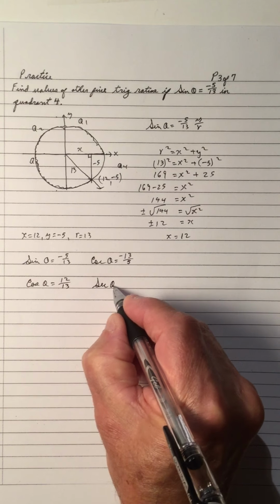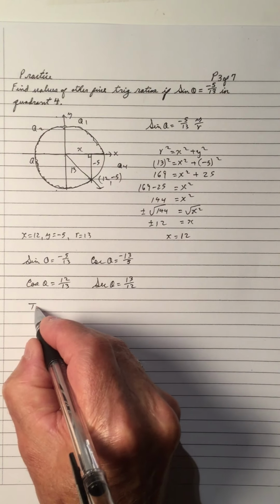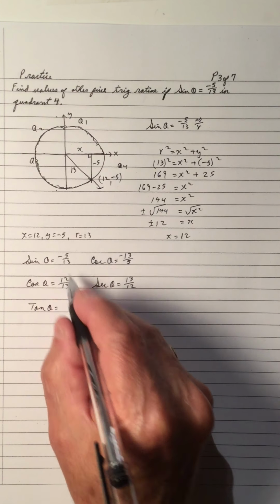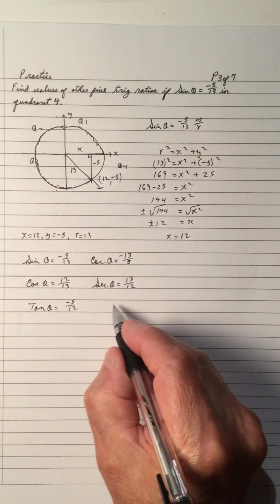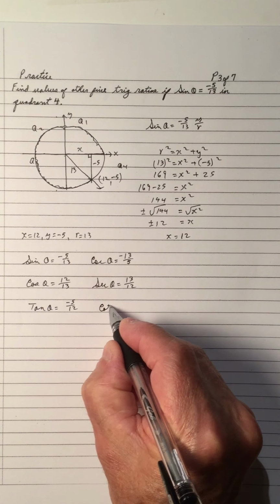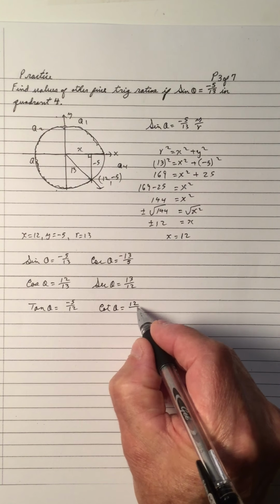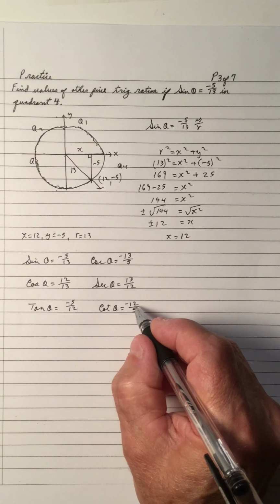And secant is the reciprocal, 13 over 12. And the tan of theta is the y over the x, so it's negative 5 over 12. And so the cot is, again, the reciprocal, 12 over 5, but the negative is always in the numerator.